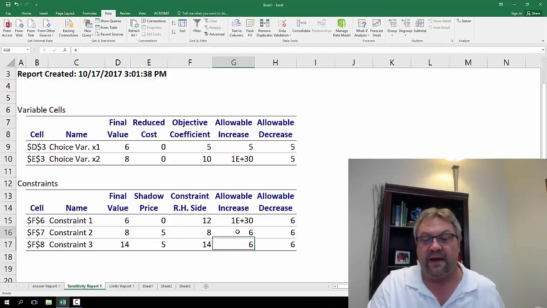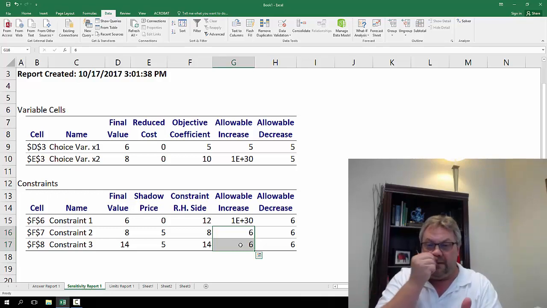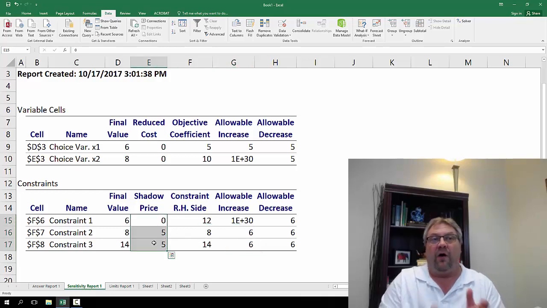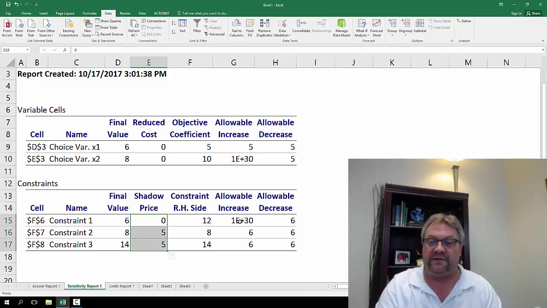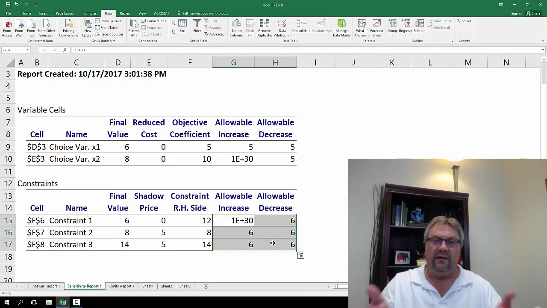Now you have to understand, once you go above this allowable increase, then you need to rerun Solver and see what your shadow prices become. For all I know, those shadow prices could actually go down. Now they may go up, I don't know. But once I get outside of these allowable increases and decreases, you need to rerun your Solver.